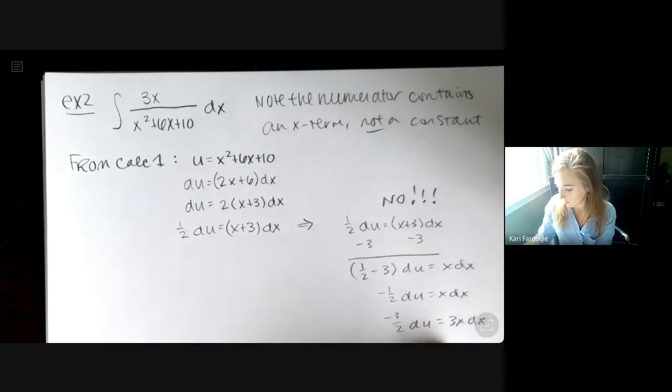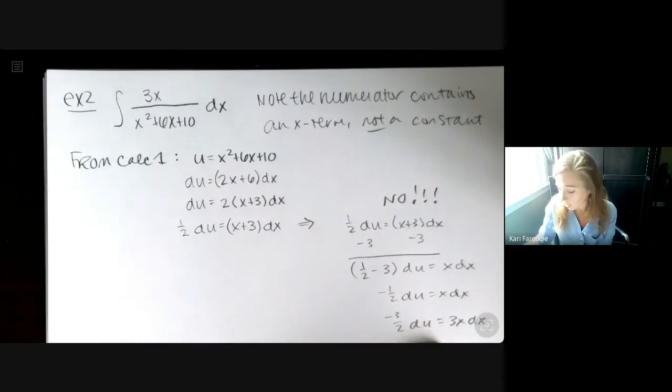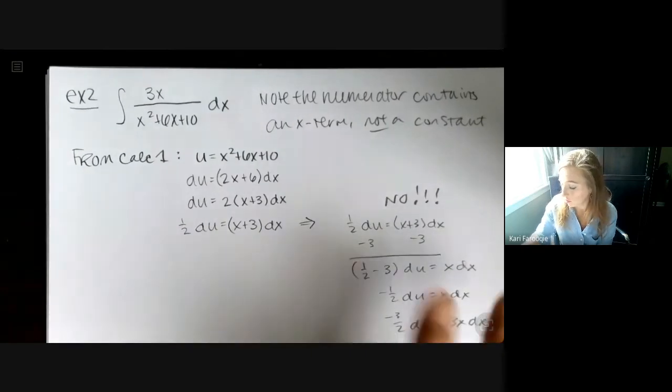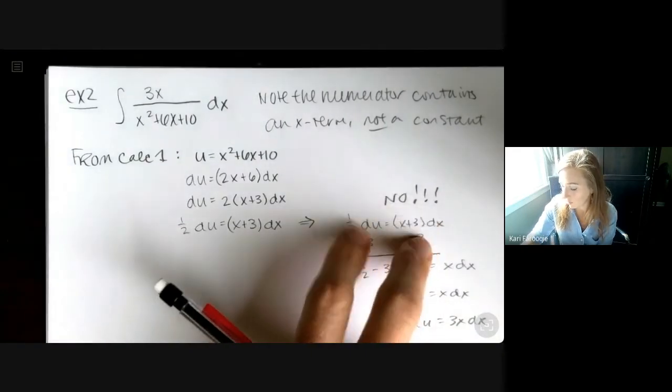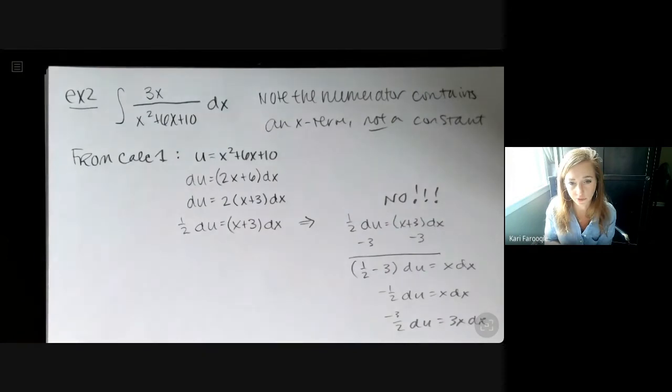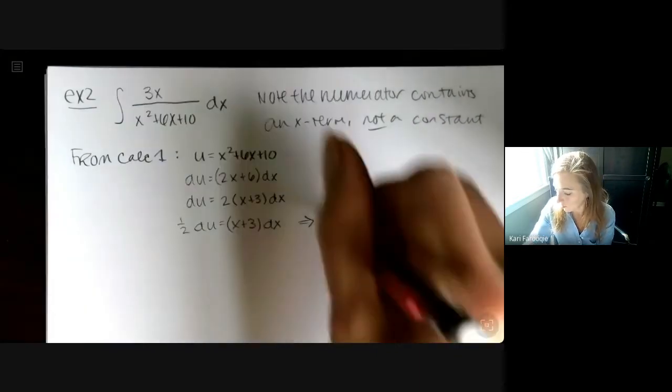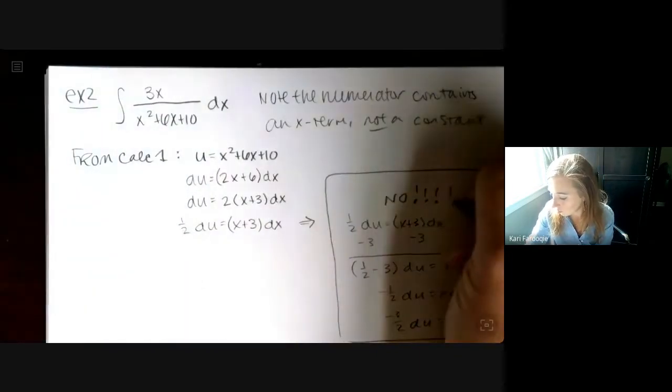And they would do this substitution using this information. You cannot do that with subtraction. You can only work on both sides here with multiplication and division. You can't just take 3 off because it's not even 3, it's 3 dx. Okay, so this is a big no, don't do this.